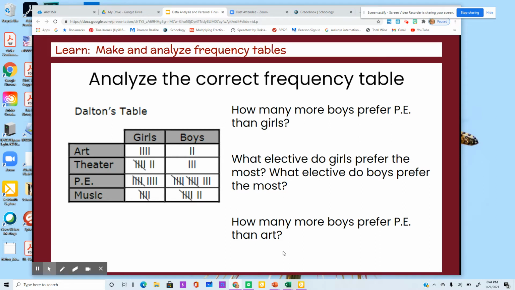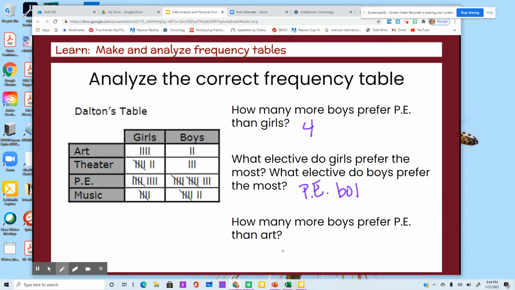Well, we have 13 boys versus 9 girls, so that would be a total of 4. What elective do girls prefer the most? I would say that would be PE. And what elective do boys? So it would be PE for both.